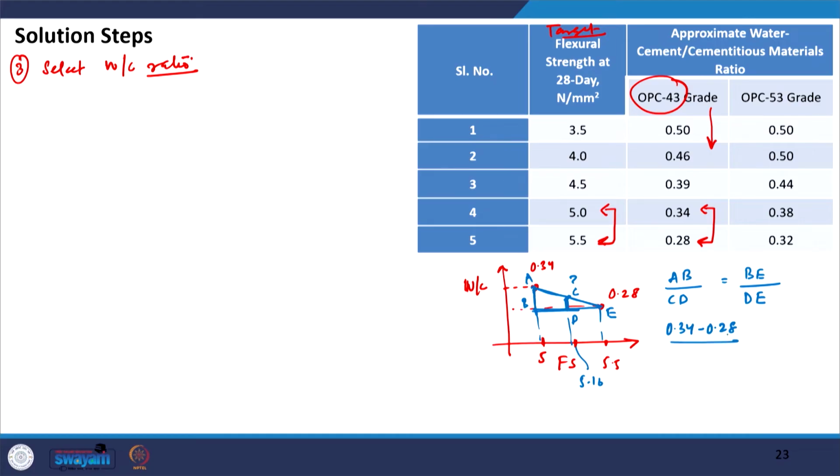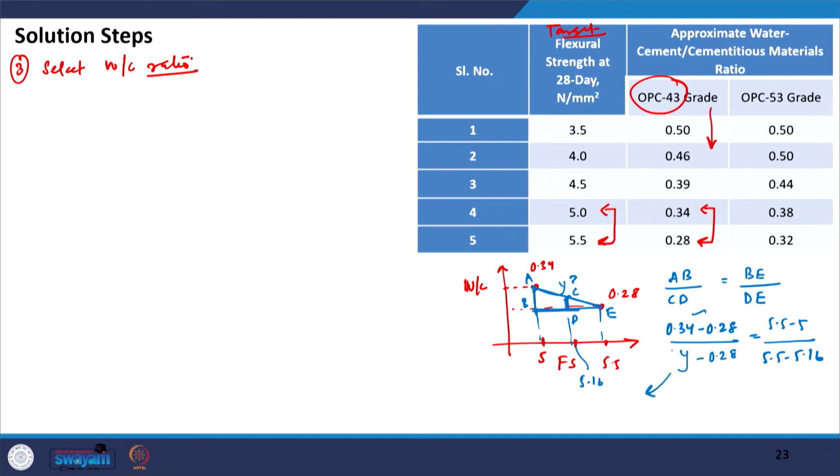CD, if you see, becomes equal to this value. Let us say this value is y. So, I do not know the value of y minus 0.28. BE here is equal to 5.5 minus 5, and DE is equal to 5.5 minus 5.16. Okay. So, if you further solve this, what do you get?